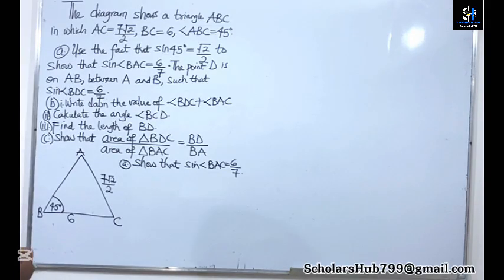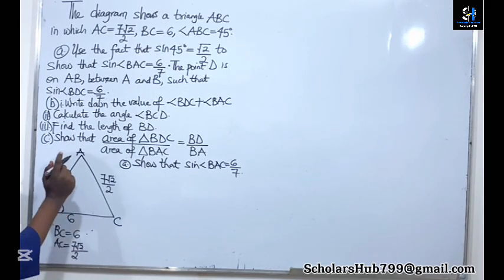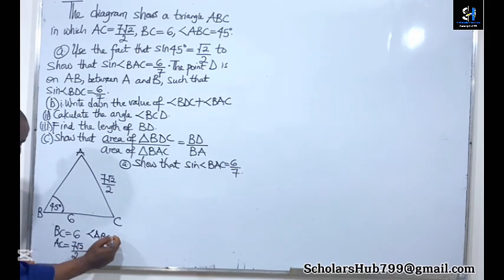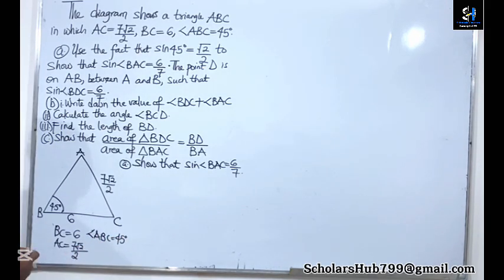Now let's look at the triangle. We're given side BC, which is 6, and we're also given side AC, which is 7 root 2 over 2. We're also given the size of angle ABC, which is 45 degrees.